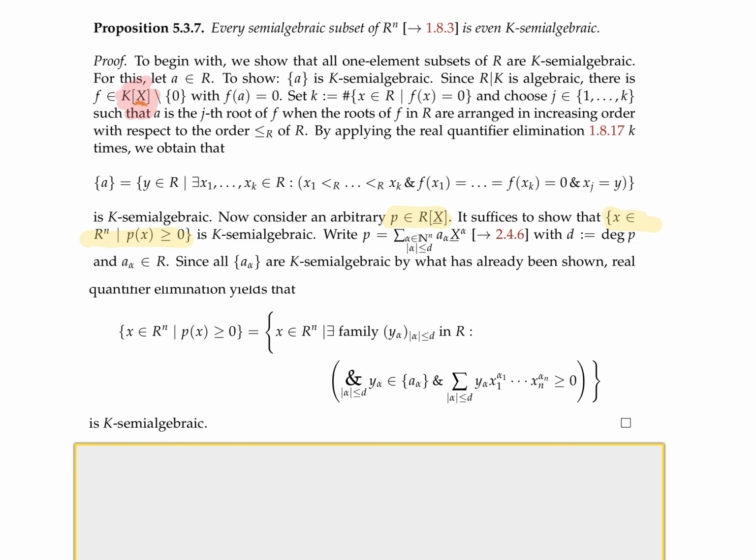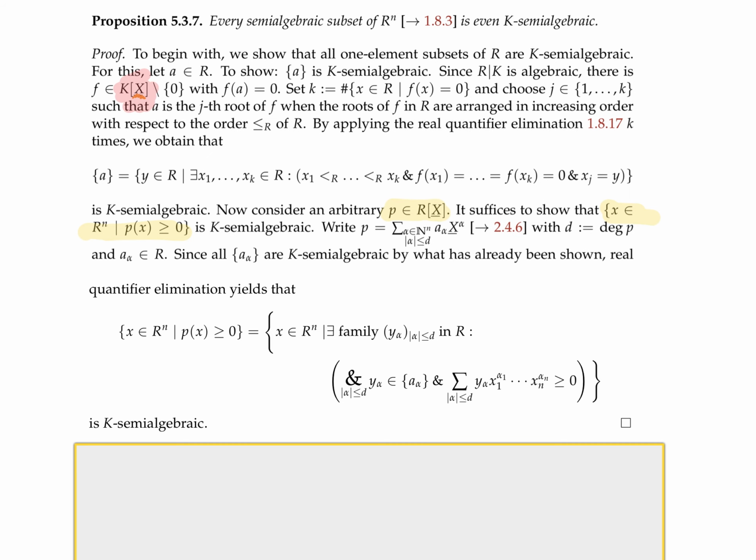Namely, quantifier elimination yields that, so I want to write this down in a k-semialgebraic way, and by quantifier elimination I'm allowed to take finitely many quantifiers over elements of the real closed field R. And there were only finitely many of these coefficients, so for each coefficient of p I have here an element of the real closed field with finitely many existential quantifiers, and I just say that these y alphas equal the a alphas.